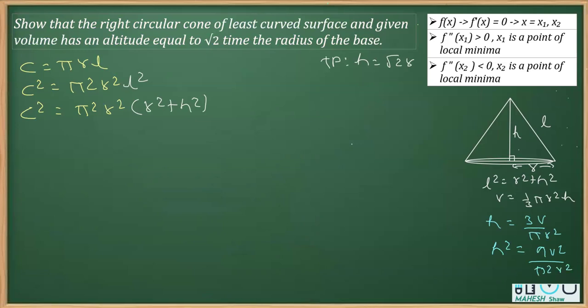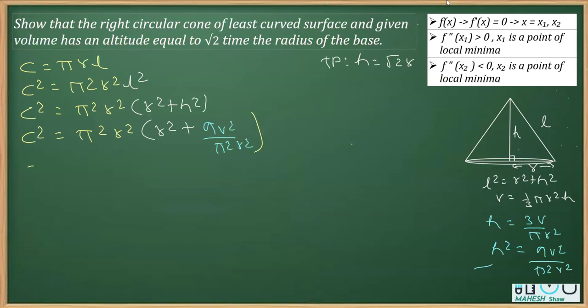So here we are going to do substitution. Let's say C square is pi square r square, this is r square again, plus this h square, which I can write as 9 times V square over pi square r square.